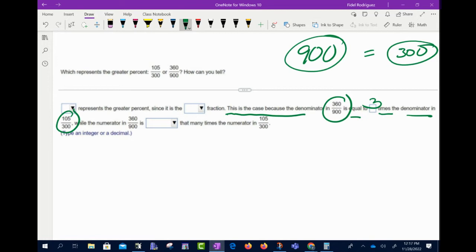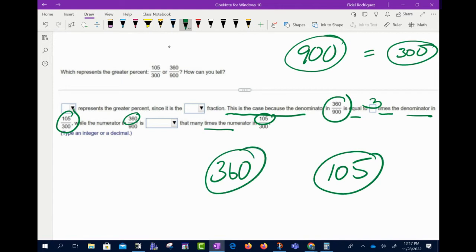And then it says, while the numerator over here is how many times the numerator over here? So I'm looking at 360 here, and I'm looking at 105 here, and I'm going to ask myself, what do I need to multiply this by to get that? One way I can do it, y'all, is just divide it out.